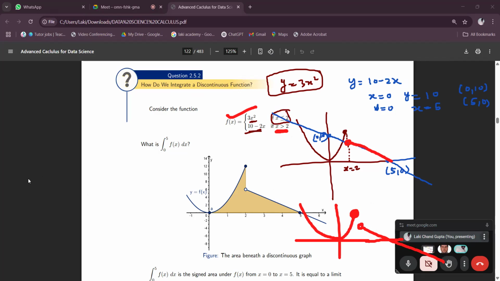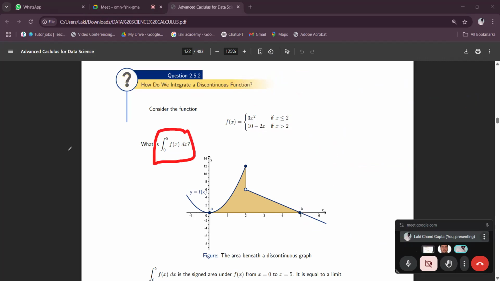Suppose you want to integrate from 0 to 5. So first you will go from 0 to 2 and from 2 to 5. This part you will get.